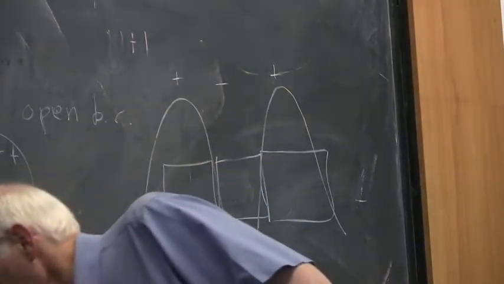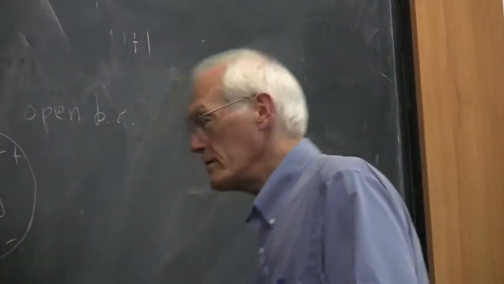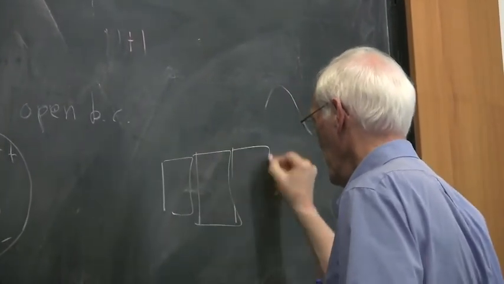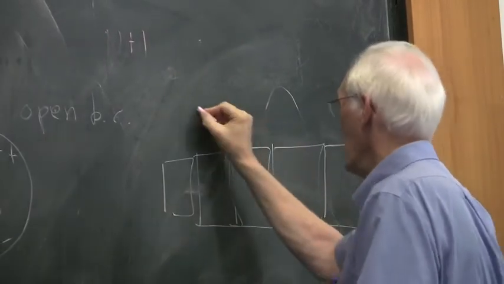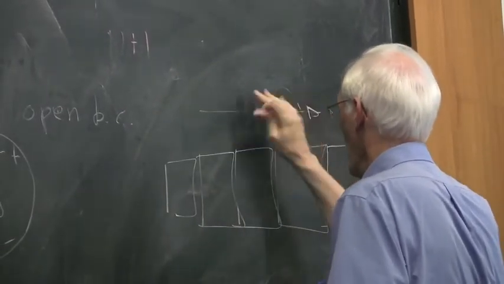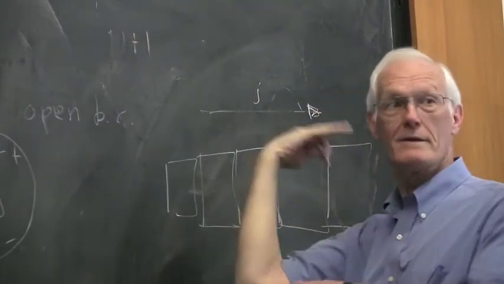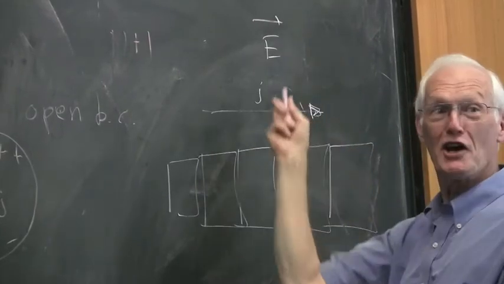But if you have a large system, a long wavelength that's much larger than the size of the unit cell, in this argument about the current flowing, now I turned it horizontal, sorry. So the electric field and the current would be horizontal in this case.